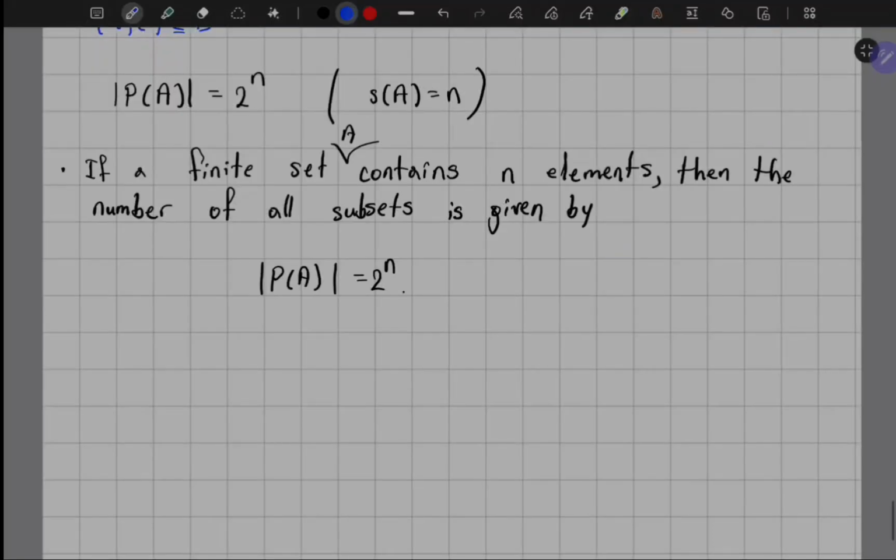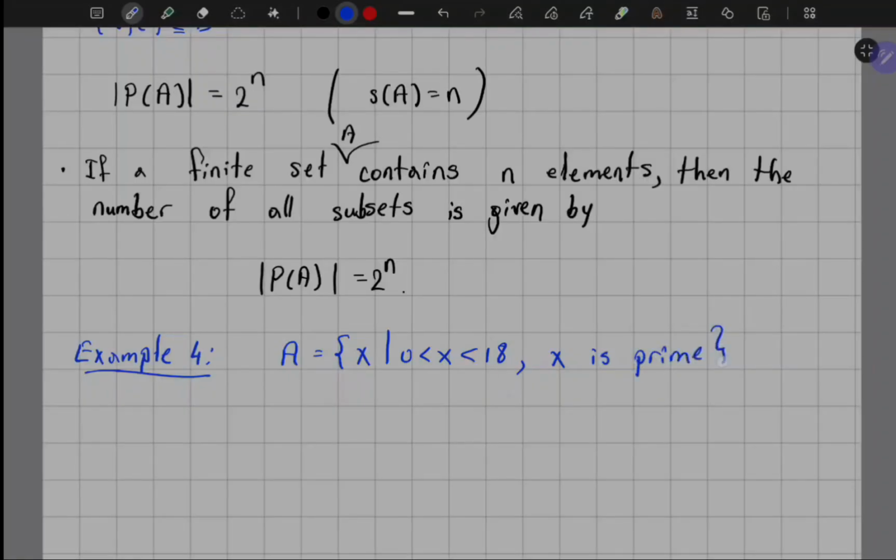Now let's continue with examples. Example 4. We will determine the number of subsets of the set A, which is given as A contains x such that x is between 0 and 18. Also, x is a prime. So, we are looking for primes less than 18, which are 2, 3, 5, 7, 11, 13, and 17.